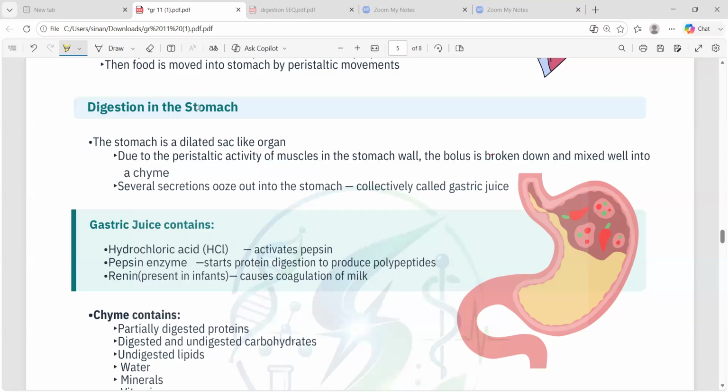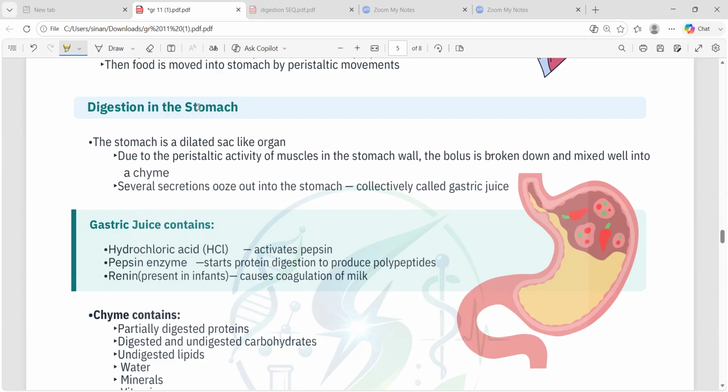So at the mouth, both the chemical and the mechanical digestion takes place. After that, the food bolus is made. The food bolus is mainly made by whom? By the tongue. The tongue is mixing the food with the saliva and makes the food bolus. We already studied that these salivary glands secrete an enzyme called salivary amylase. We call this as what?